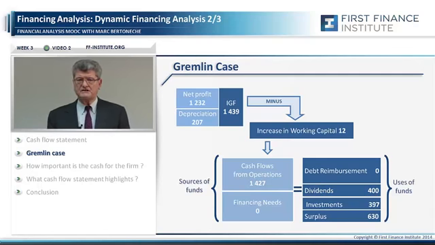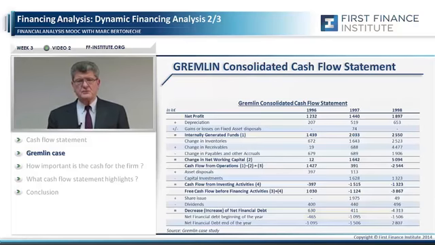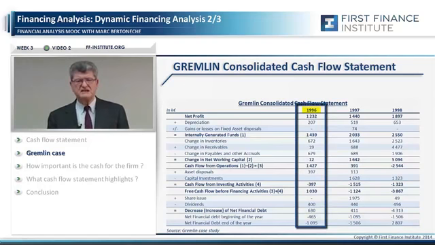Therefore, we have a surplus of 1,427, the cash generated by operations, minus 797, which is 630. When Gremlin started the year 1996, it had a net financial debt equal to 0 financial debt, minus 465 of cash and cash equivalents. That is, minus 465.